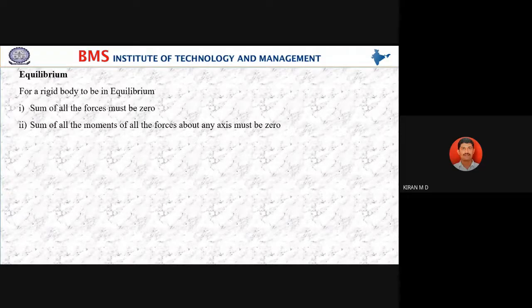For a rigid body, if you want to achieve the equilibrium condition, the sum of all forces must be equal to 0. The sum of all moments of all forces about any axis must be 0. For example, whatever couples or torque act on the x-axis, their summation should be equal to 0.